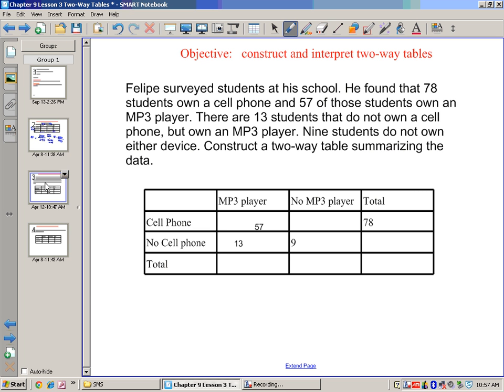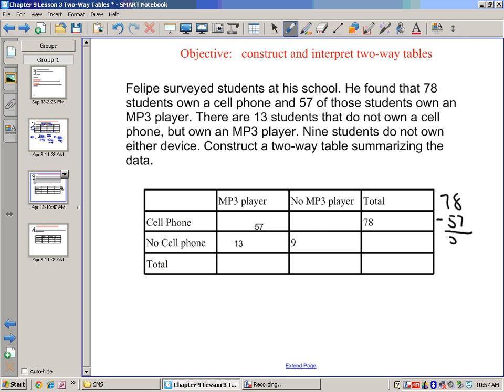Okay, we can look at the first row, the cell phone. Any students that have a cell phone, there's a total of 78 that have a cell phone, and 57 have an MP3 player. So to find out how many do not have an MP3 player, what do you think we need to do? We are going to have to subtract the 78 minus the 57.